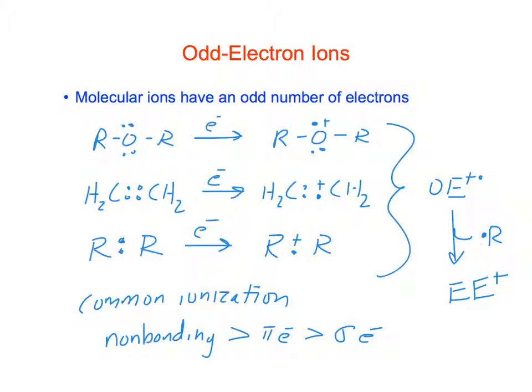Okay, we'll look at this in more detail. So we observe the even, not the odd now? We observe all of the cations, but most often, and we'll see some exceptions to this, most often the fragment ions are even electron ions.